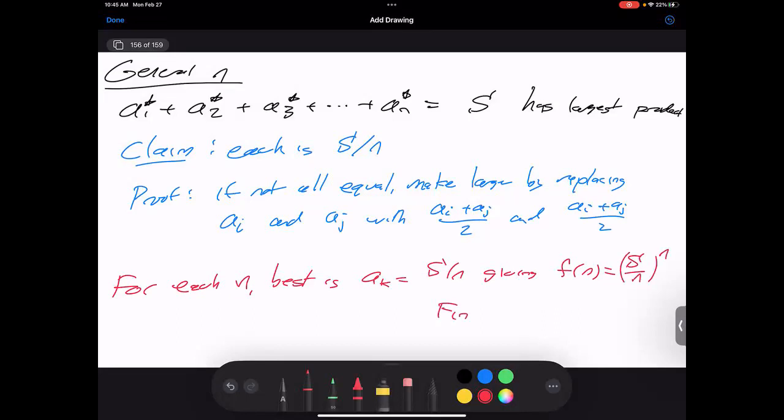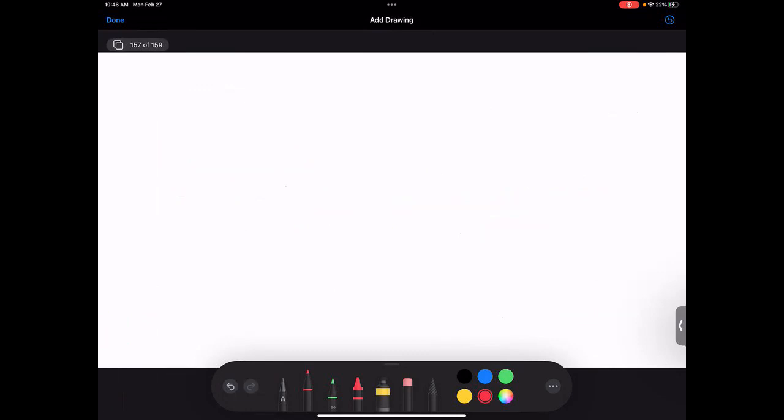And find N that is best. Well, unfortunately, it's not so easy to find the N that's the best. So we have F of N is (S divided by N) to the N, but this is a function of an integer. And we don't have good tools to understand integers. So we extend.